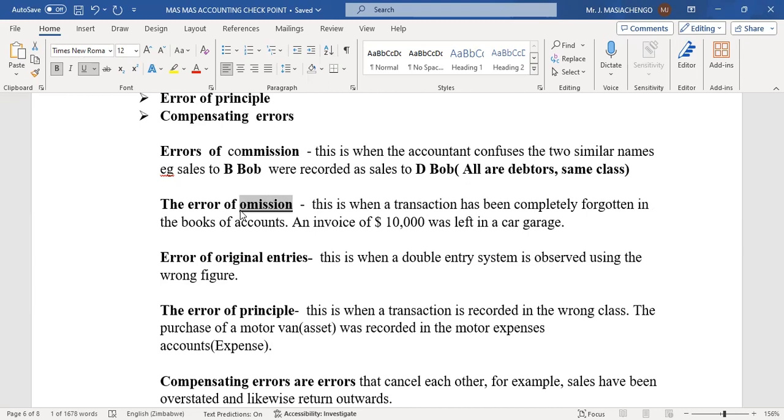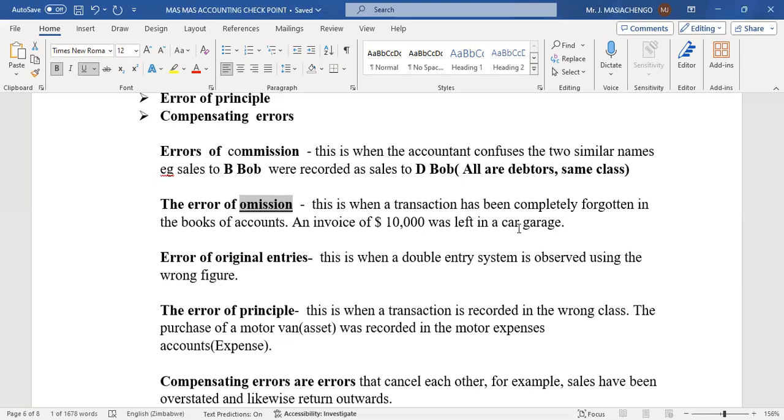In this case, this is when a transaction has been completely forgotten in the books of accounts. Omission means omitted. An invoice of 10,000, for example, was left in a garage, and possibly no one discovered this invoice, so it was completely forgotten to be recorded in the books of accounts. This becomes an error of omission.